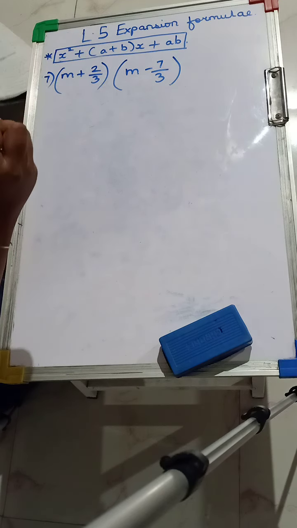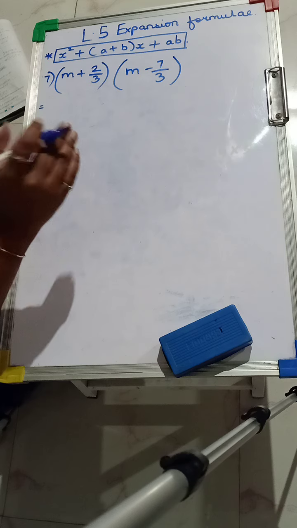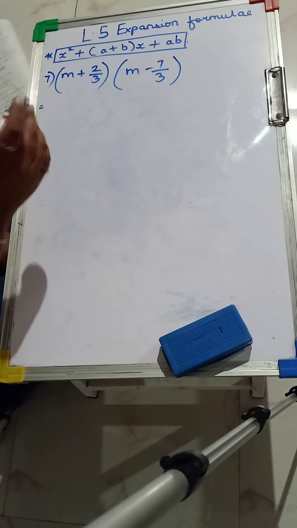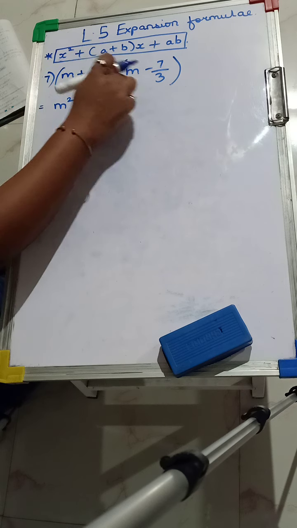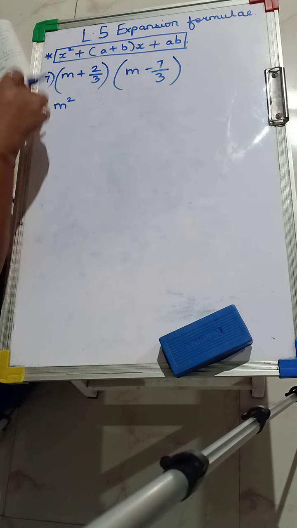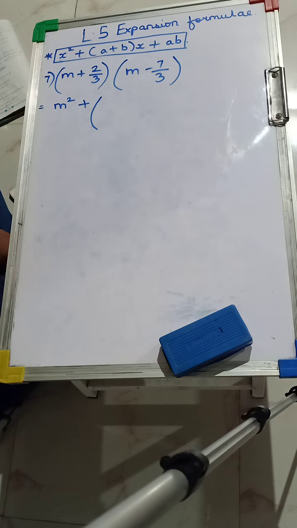This is the sum where we have fractions. Again we are going to use the same formula, x square plus (a plus b)x plus ab. First we have x square, that is m square, because m is common to both brackets. Plus we are going to take a plus b.